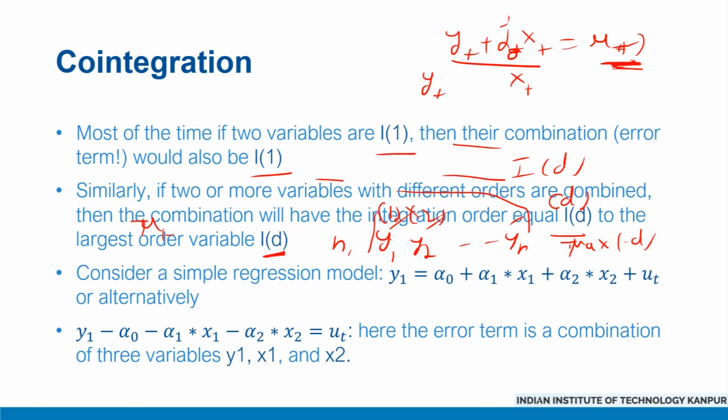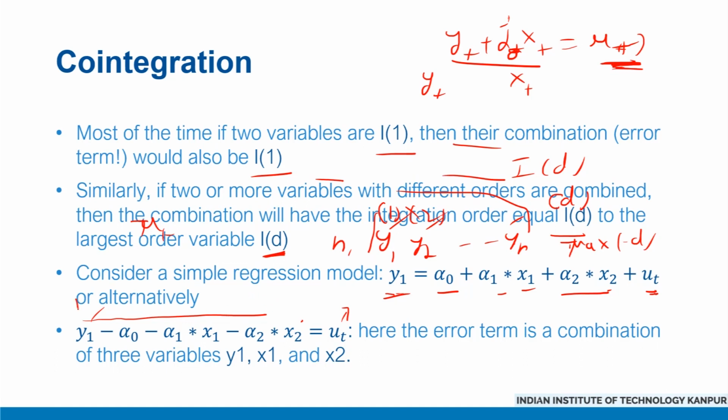For example, let's take variables y1, x1, x2 and think of a model like this: y1 equal to alpha naught plus alpha 1 x1 plus alpha 2 x2 plus this error term. I can express mu t alternatively as a combination of these three variables, y1, x1, x2. Then whatever the orders of integration of y1, x1, x2, mu t's order of integration will be the same as the maximum order of integration across these three processes.